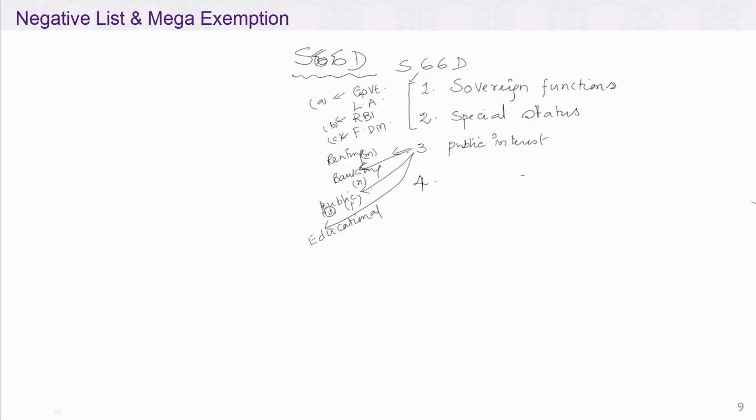The government does not want to touch, no tax, nothing, whatever be the activity, all activities concerning secondary higher education up to 12th class, 11th and 12th. No service tax. So it's a public interest. Also, partly because it's a state subject.